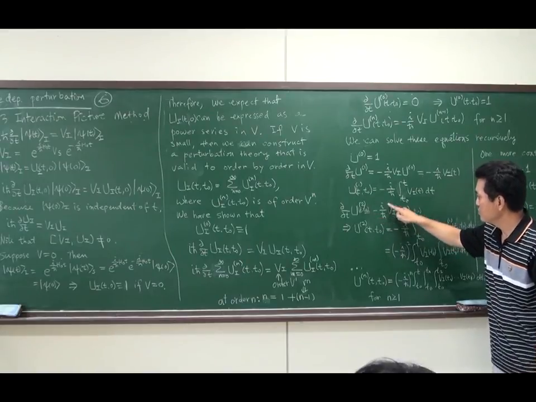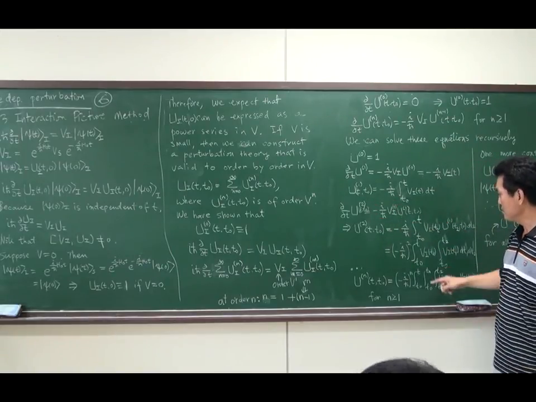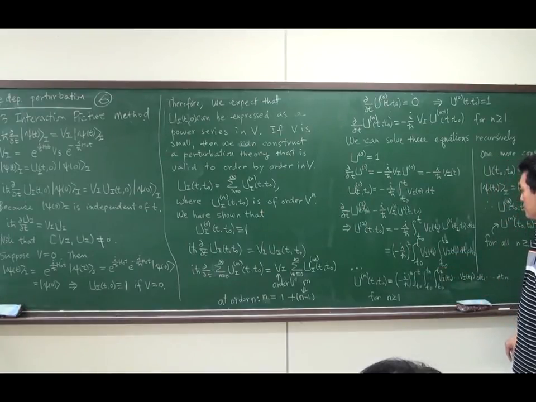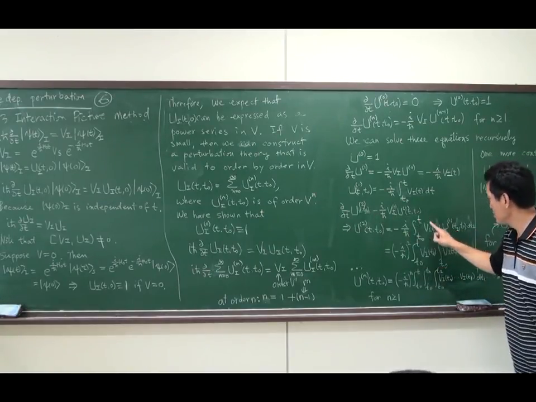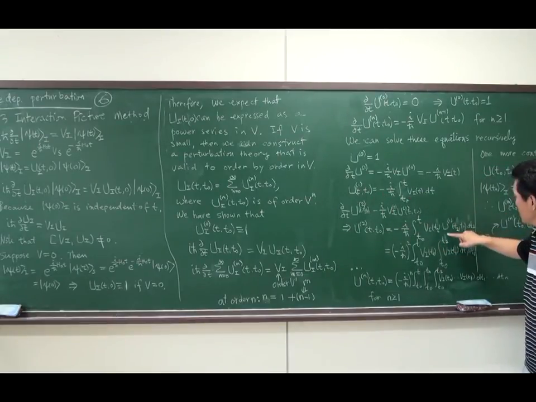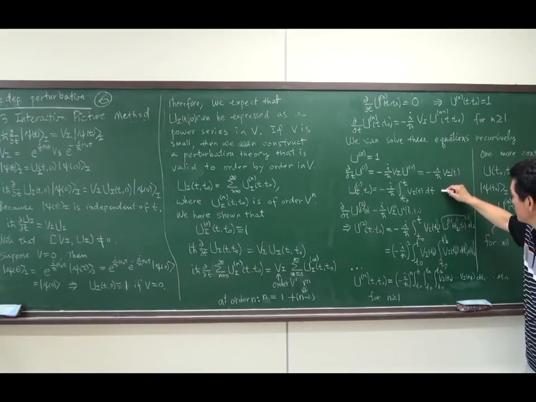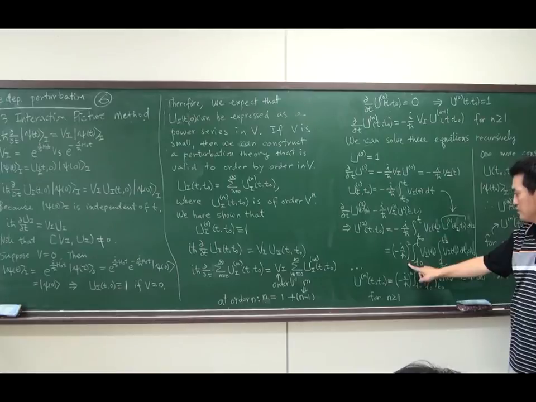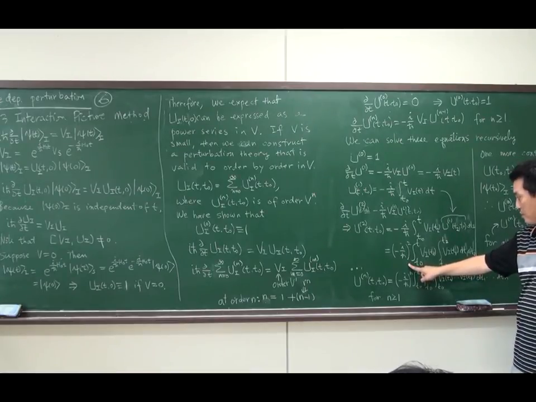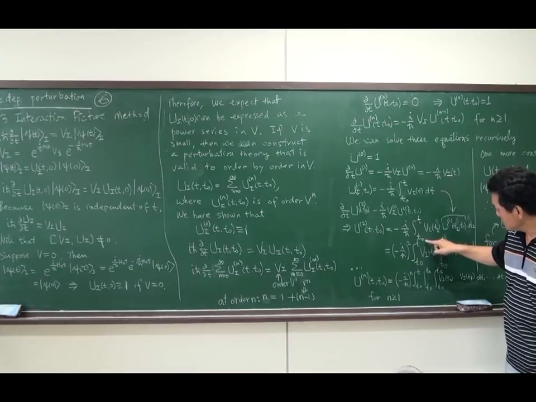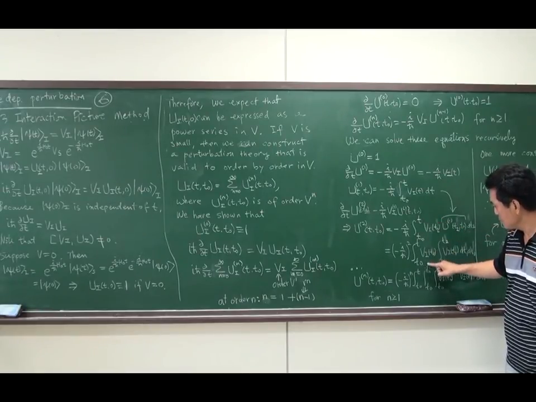So I have the square of this operator, with the factor minus i over h bar, and the first integral is from t0 to t.